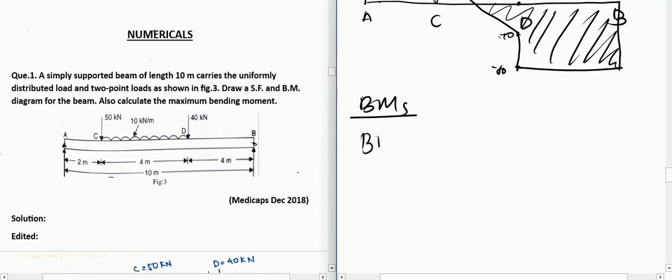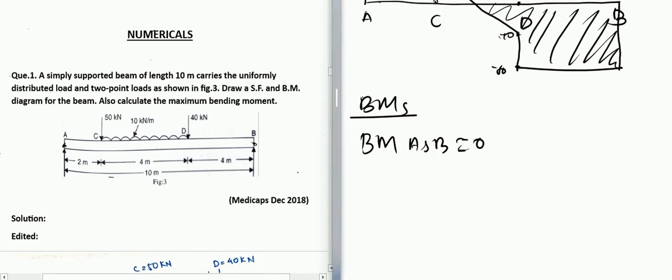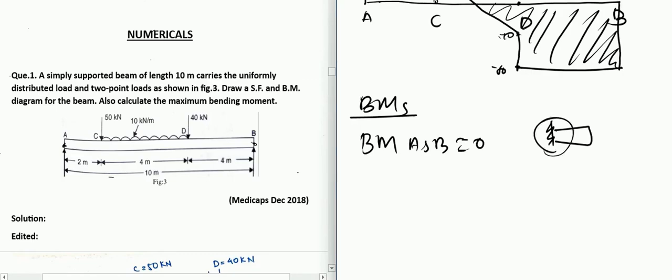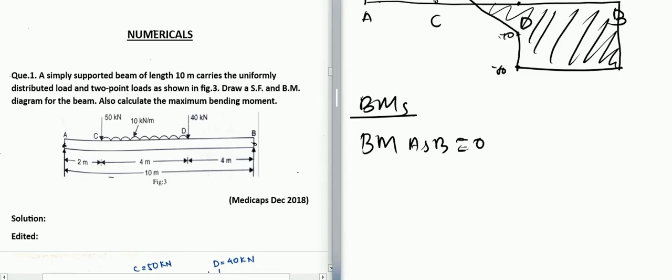Unless you have a fixed support, where there will be a moment acting as a reaction, for a roller support or a hinge support the bending moment at A and B will be 0. So that's what I just said.